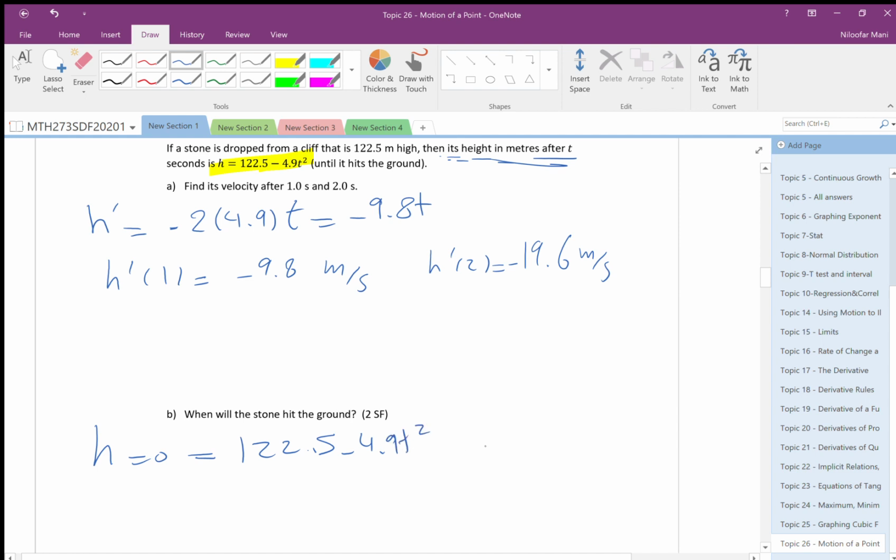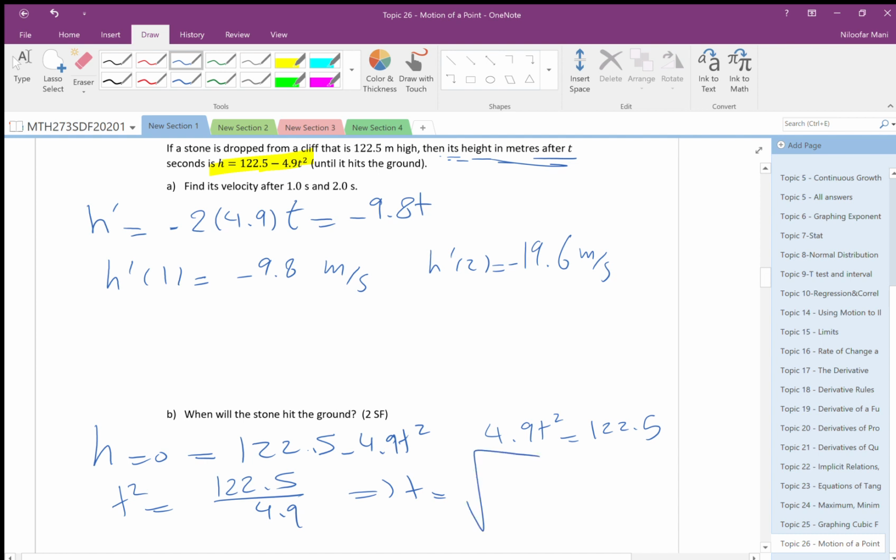So I have 4.9 t squared equals 122.5, and t squared is 122.5 divided by 4.9, and t is the radical of that.